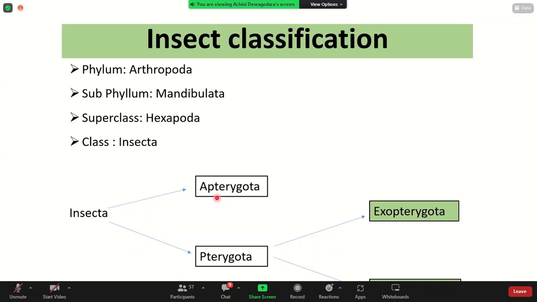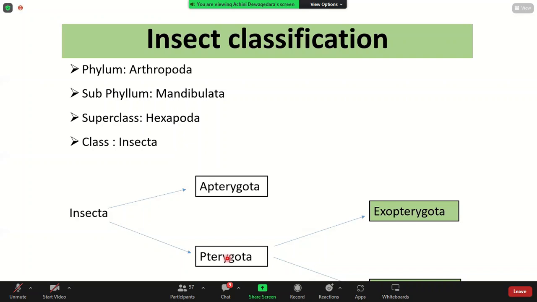Pterygota means wings. Generally, when we put a in front of a word, it means a negative, right? So apterygota means insects without wings. Pterygota means insects with wings.